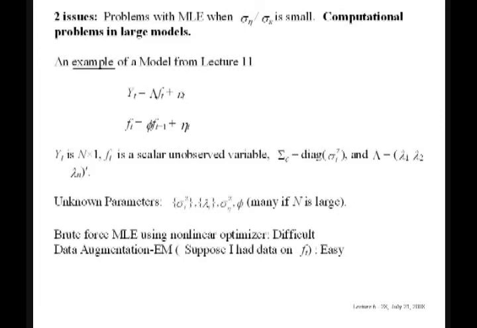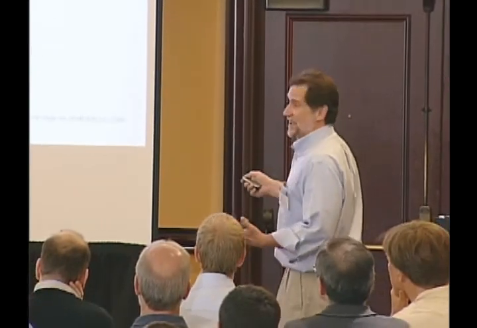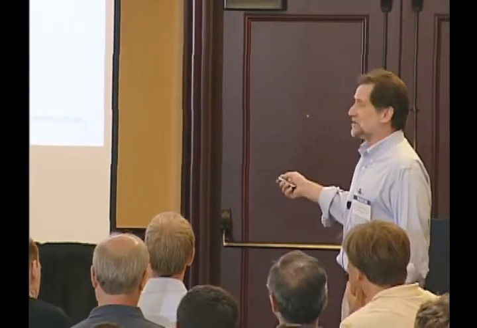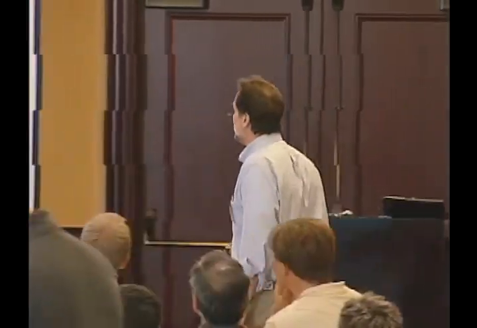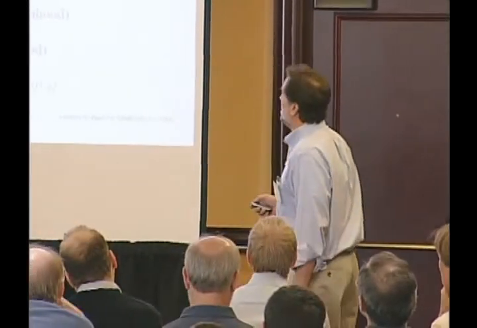So the data augmentation method works well if the answer to the question, suppose I had data on blah, is then life would be easy, right? If that's the question and that's the answer, then what I'm going to tell you is going to help. So here, it's obvious if you had data on F, this would be really trivial to estimate. You'd regress each of the y's on the f's, you'd regress f on lagged f, and you'd call it a day, right? You'd go home.